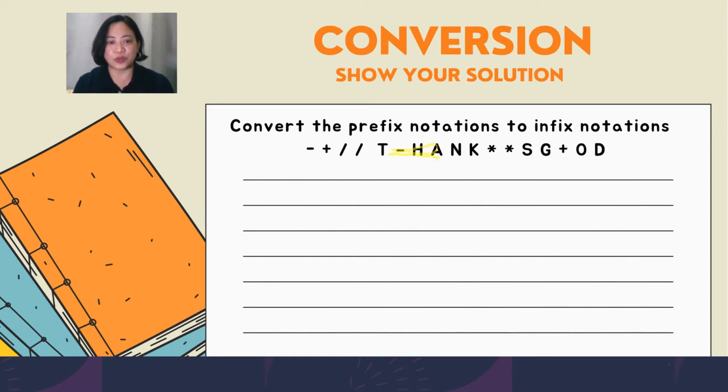Since we found a sequence that satisfies the prefix notation of operator, operand, operand, we will evaluate this expression first. We will number this as number 1. So this will be our first expression. Next expression, we will look again for that sequence, operator, operand, operand.